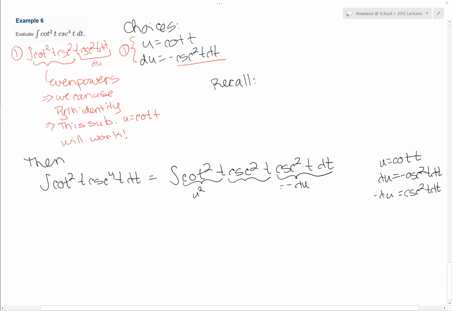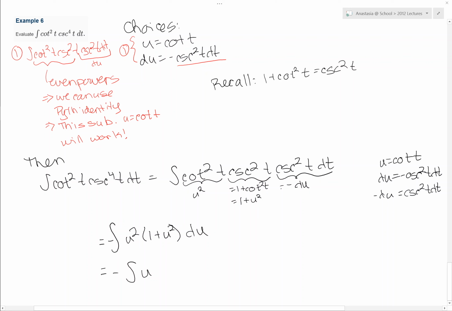So recall the identity involving cotangent and cosecant is 1 plus cotangent squared t is equal to cosecant squared t. So cosecant squared t is equal to 1 plus cotangent squared t, which is then in turn equal to 1 plus u squared. So combining a few steps here, we're going to end up with the integral of u squared times 1 plus u squared, and I'm going to pull the negative out of the integral, and then we'll have a du.